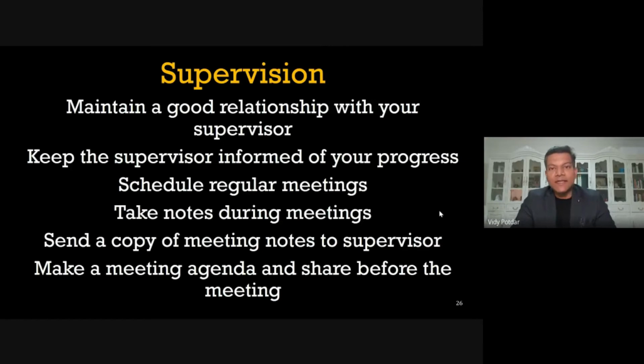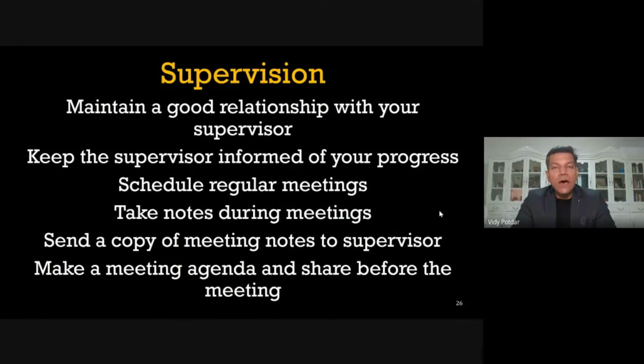So have a strategy and work with your supervisor to come up with that strategy. You need to decide: are you going to meet your supervisor once a week, once a fortnight, once a month? How are the meetings going to be scheduled? What is going to be the agenda for the research meetings?